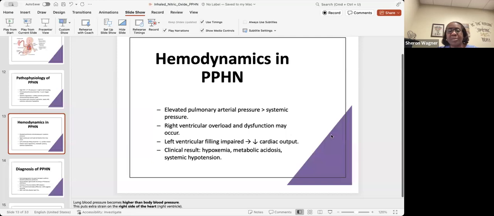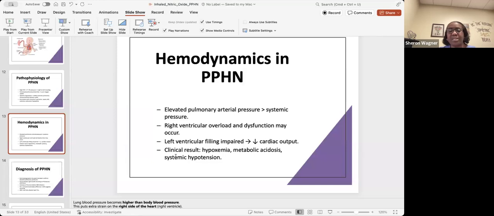So hemodynamics, again: elevated pulmonary pressures greater than systemic, right ventricular overload, and dysfunction may occur as a result. Left ventricular filling is impaired, so there's not enough filling going on in the left ventricle. So then you'll have decreased cardiac output. And the result of all this is hypoxemia, metabolic acidosis, systemic hypertension, and these babies can be very, very sick.